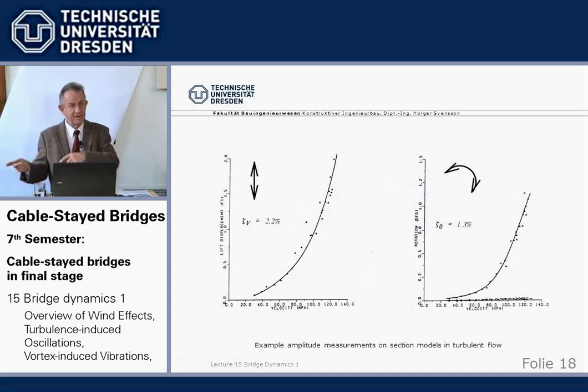We see that later a little bit on wind channel. And then we can measure how the beam moves. For example, horizontally, we have here the wind speed increasing, and here we have the vertical movement, lift, and here, same wind speed increasing, and we have the rotational angle.